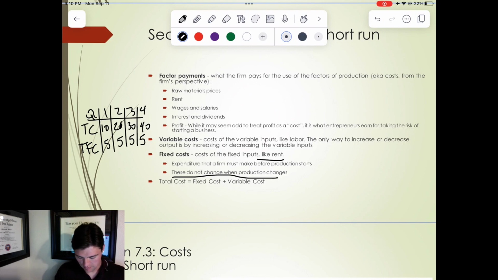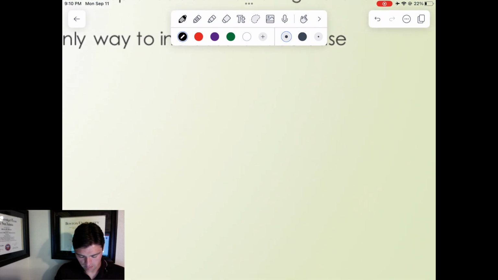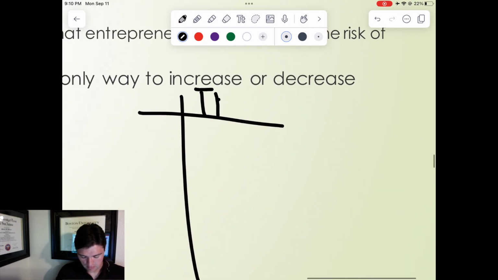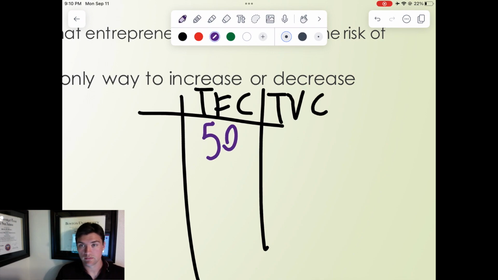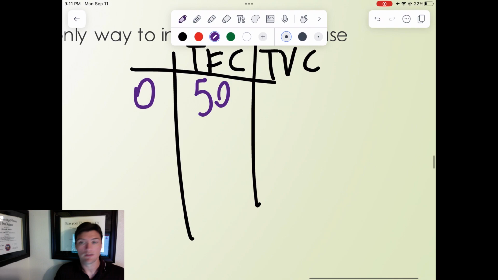Okay, so if we're looking at a chart here and we had total fixed cost and total variable cost, right? If it's 50 for rent, right, and you made 0 t-shirts, it's 50. But if you made infinity amount of t-shirts, your total fixed cost would be 50.